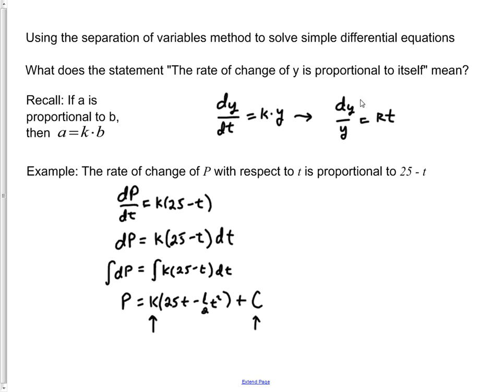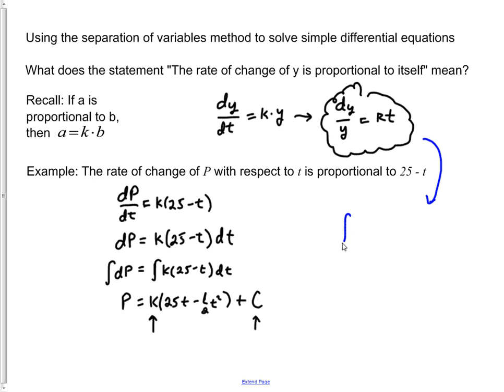Let me come back up to this one right here. We just said that if dy over dt is equal to k times y, then dy over y is equal to k times dt. That's not a very good k, but it works. So let me finish off our statement right here. What would that mean to us?